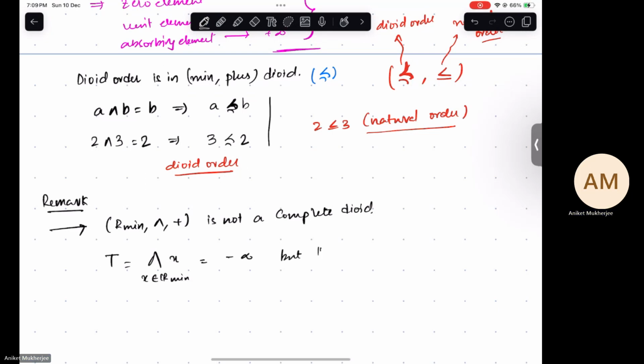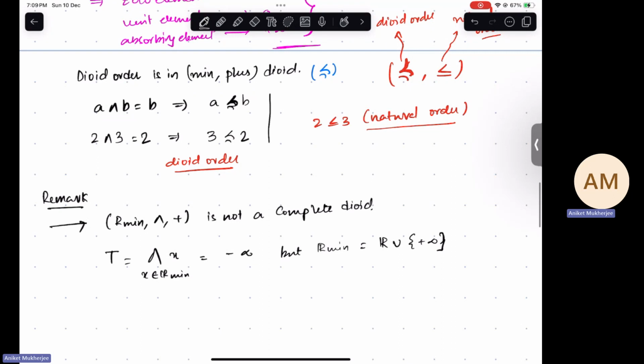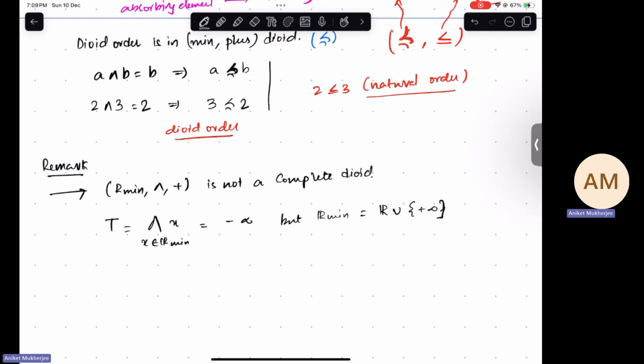But R min equal to R union plus infinity. So it doesn't have any negative infinity, right?